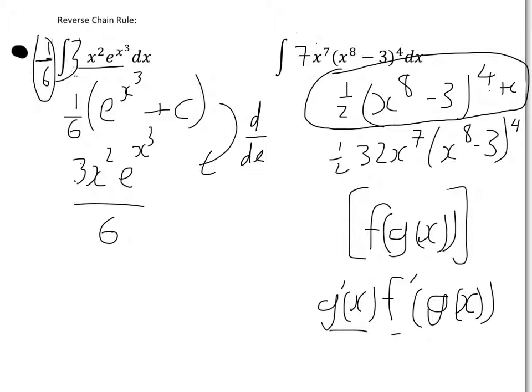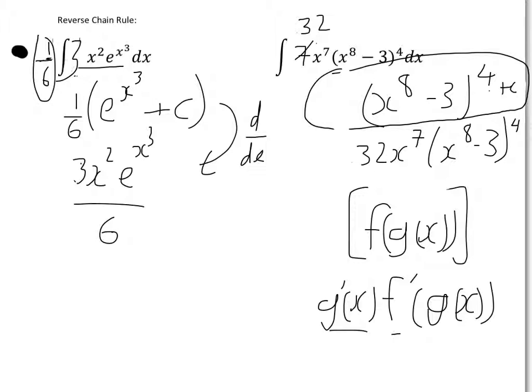It's actually going to be something different. So how do I make it 32? I want 32 there. That's not 32, so I make the 7 into 32.